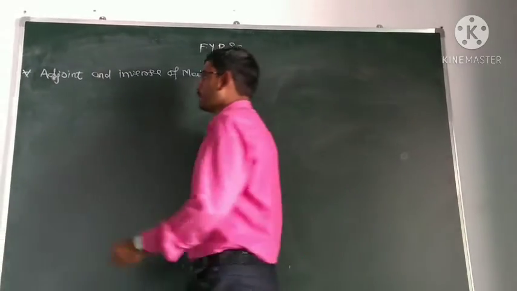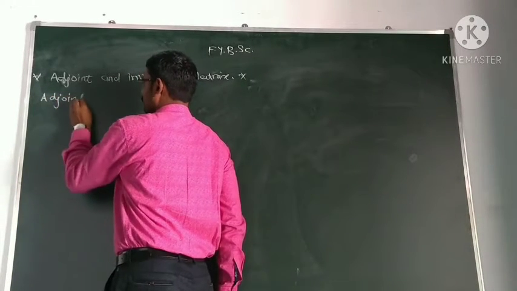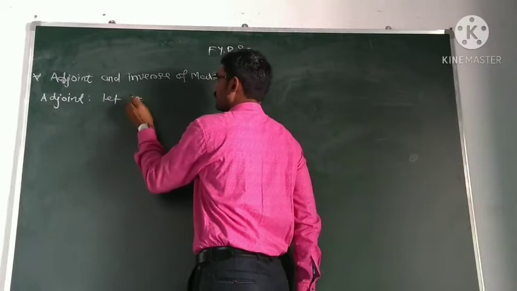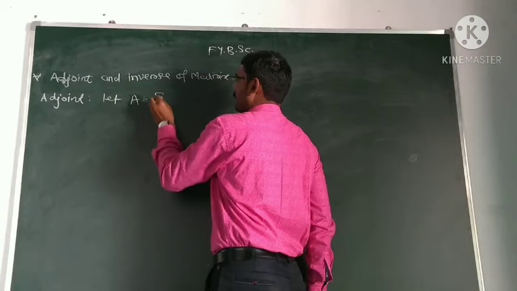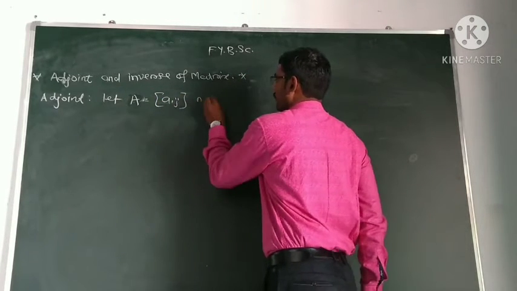So adjoint. Let A be the n by n matrix, that is, n square matrix.